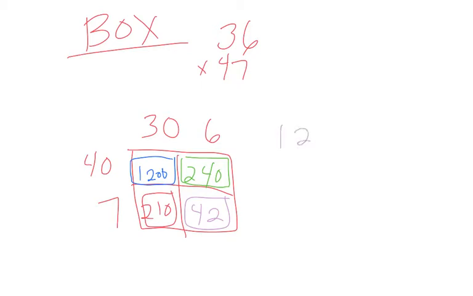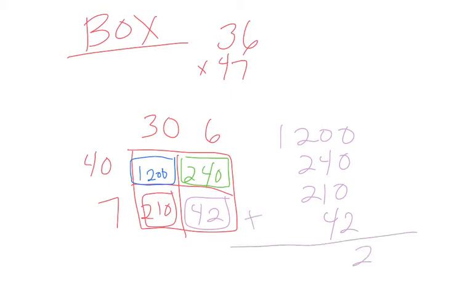I've got 1200, 240, 210, and 42. So I add up all those partial products, and I get the same final product of 1692. You can see that the partial products that we're pulling out are the same from how we did it in the last slide.